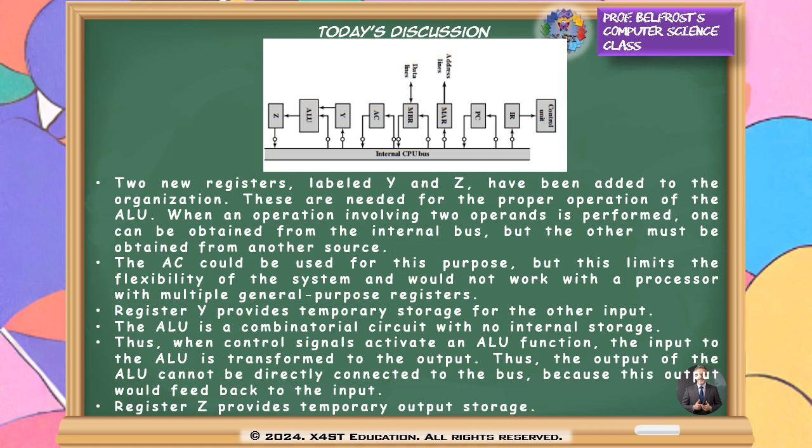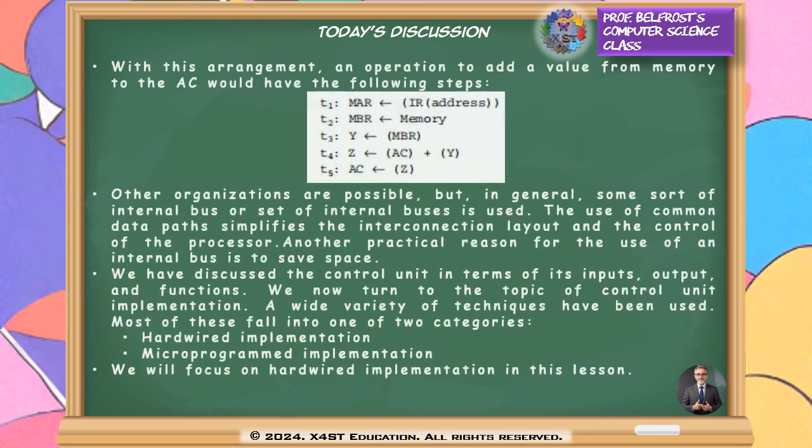Thus, when control signals activate an ALU function, the input to the ALU is transferred to the output. So the output of the ALU cannot be directly connected to the bus, because its output would feed back to the input. Now there's register Y. How about register Z? Register Z also provides temporary storage, but this is for output.